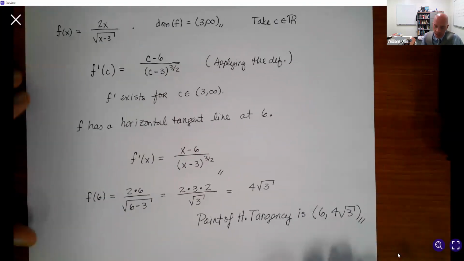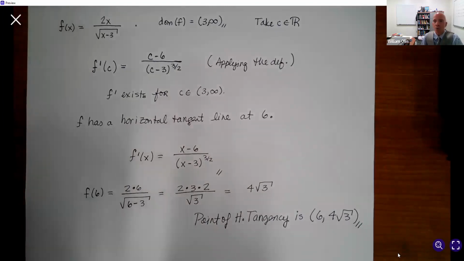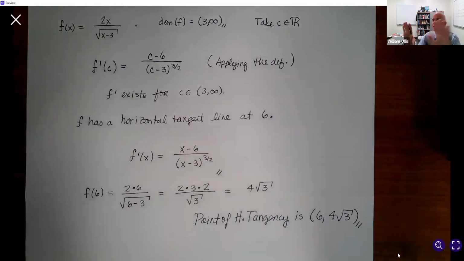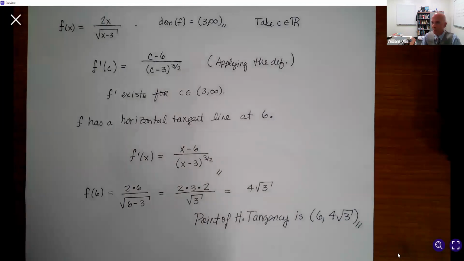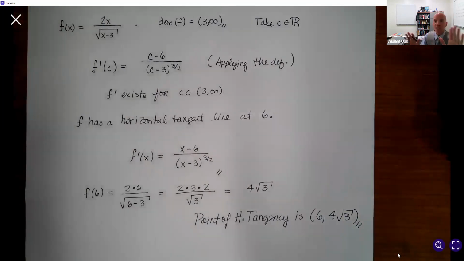So we get just an amazing amount of information from the derivative. And now we're seeing how the derivative is going to be the window of opportunity. Okay, we know about infinite limits. We know how to figure out vertical asymptotes. We know how to figure out infinity or negative infinity. Okay, that's very useful.